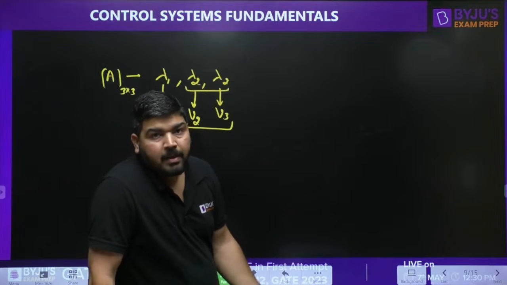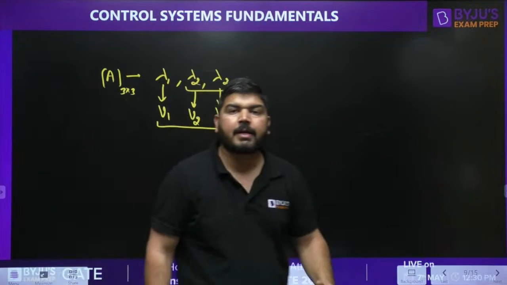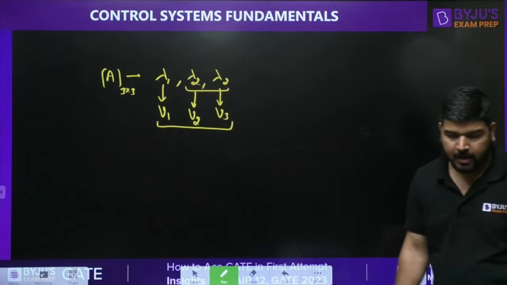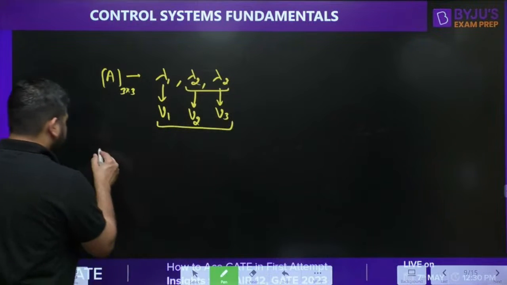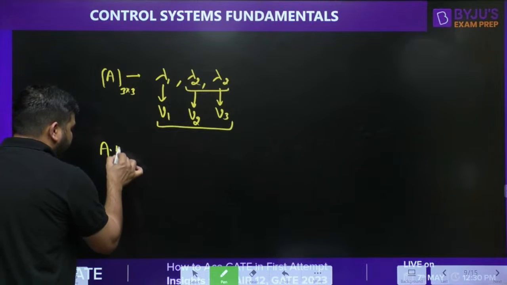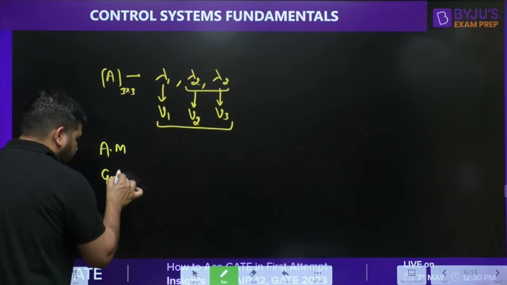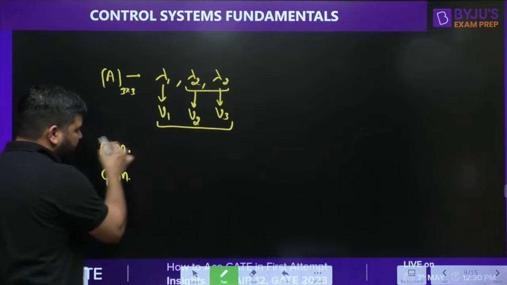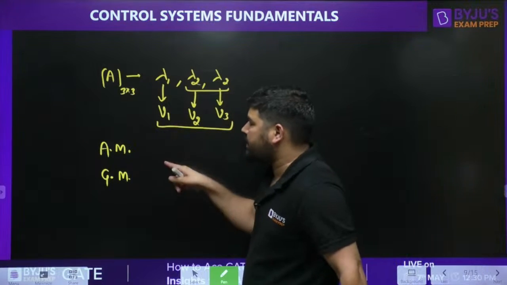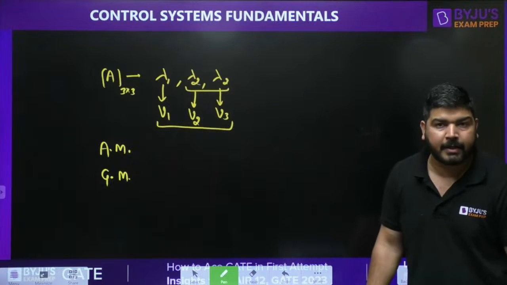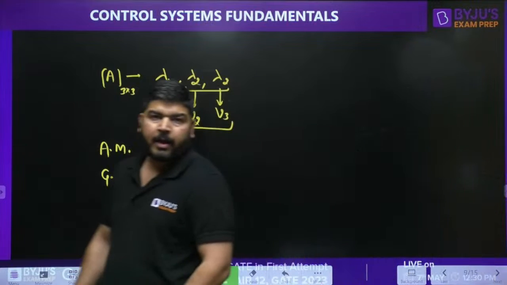Now how to check whether these 3 vectors are linearly dependent or independent? It's very simple. Using AM and GM. Now I'm not going to tell you about the proof of this. But using AM and GM, you can check whether these three vectors are linearly dependent or independent. What is AM?